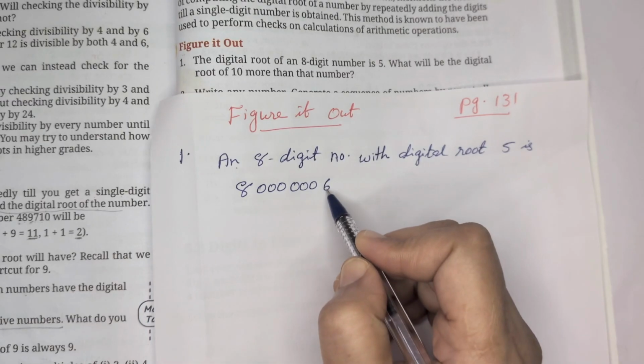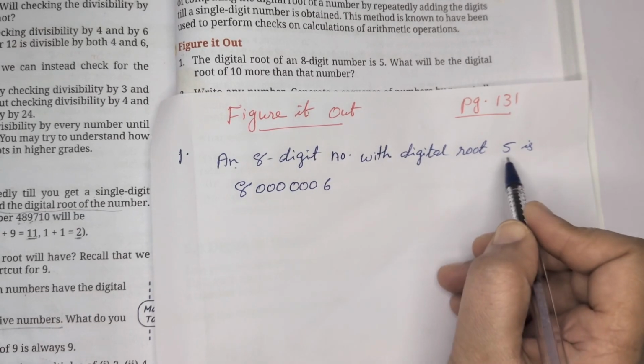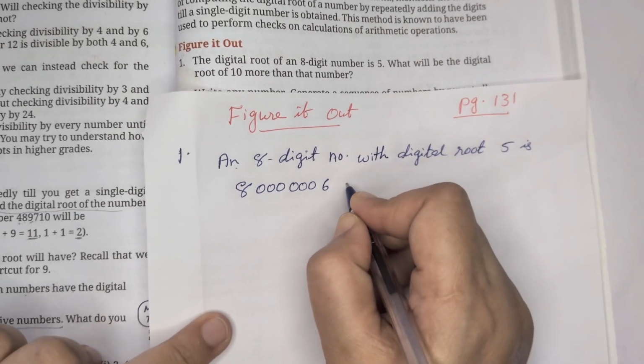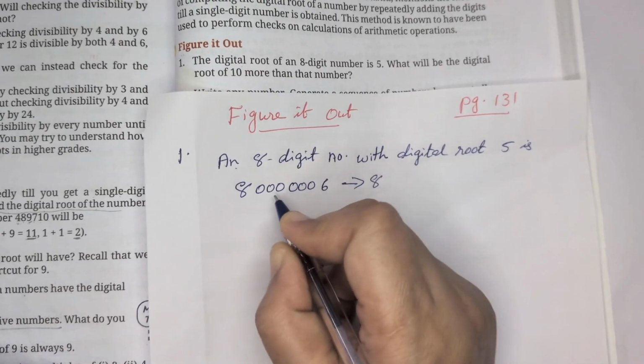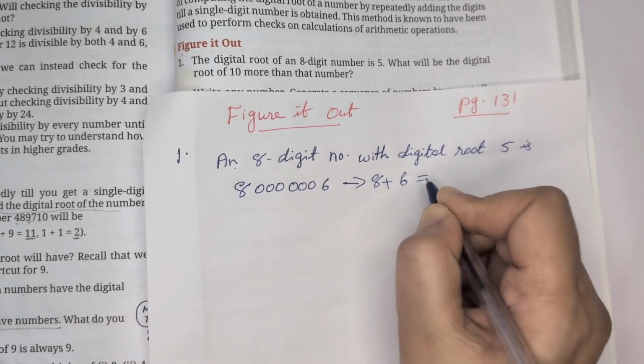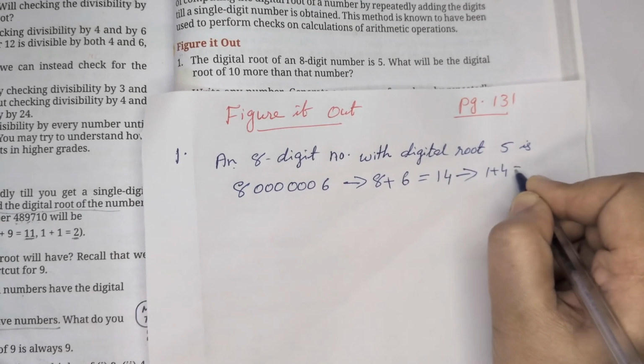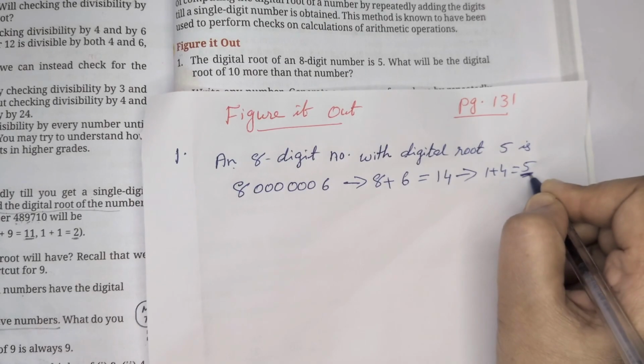So we can put here 6. So when we are adding 8 plus 6, it will come 14, and 1 plus 4, so the digital root is 5. We can mark that as 8 plus all the zeros, no need to write it. 8 plus 6 is 14. Again, 1 plus 4 is 5. So the digital root is 5.